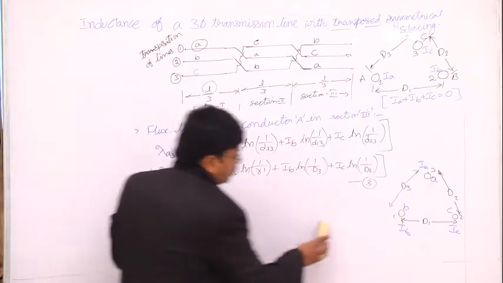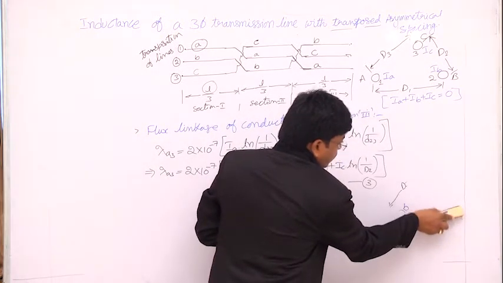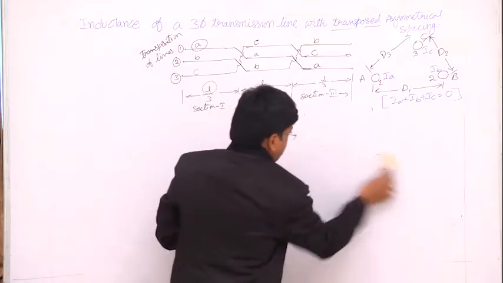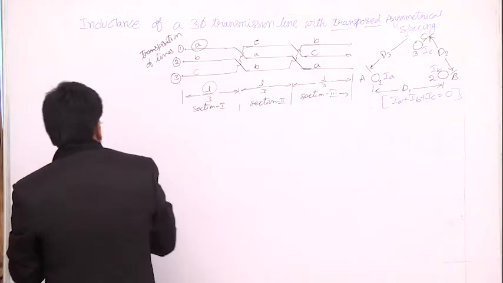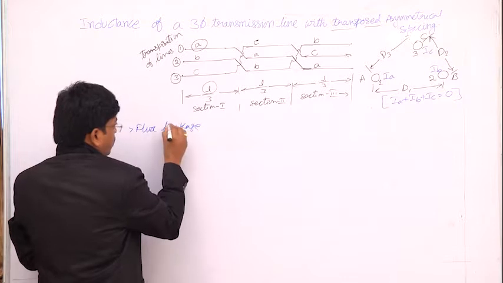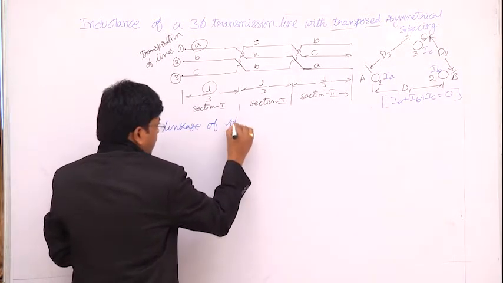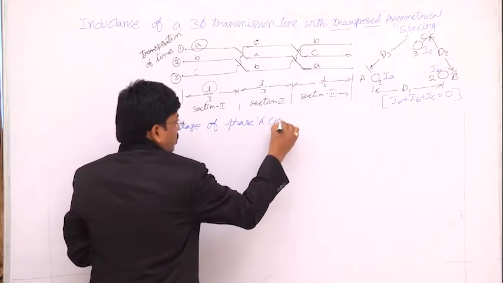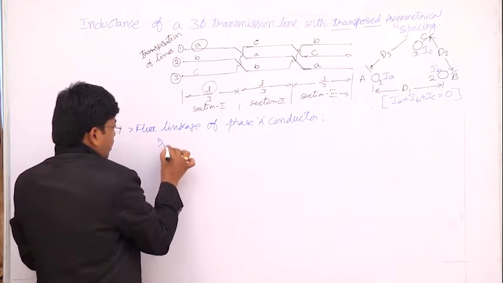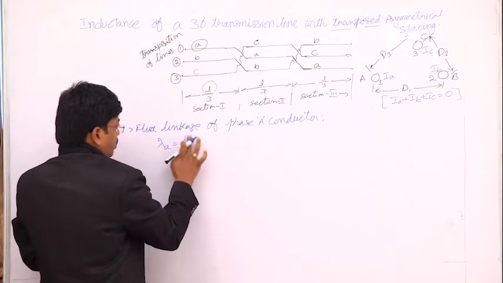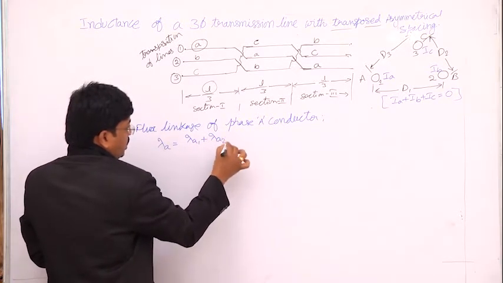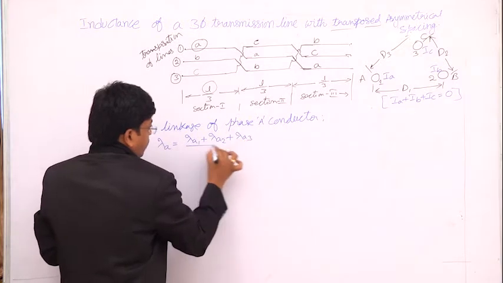Now the flux linkage of the phase A conductor is given as lambda A equal to the average value of the 3 flux linkages due to all these positions, that is lambda A1 plus lambda A2 plus lambda A3 by 3.